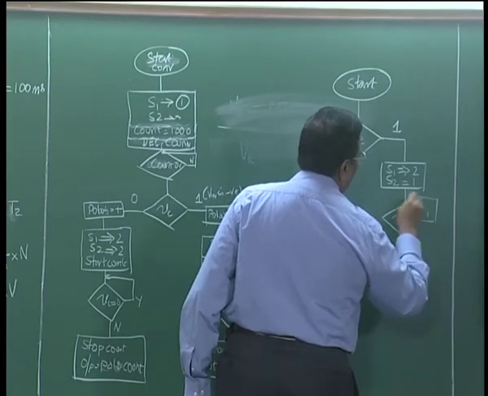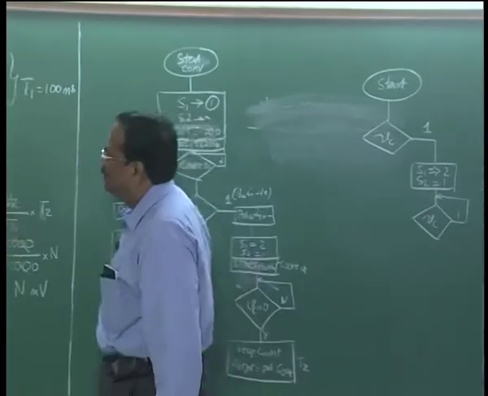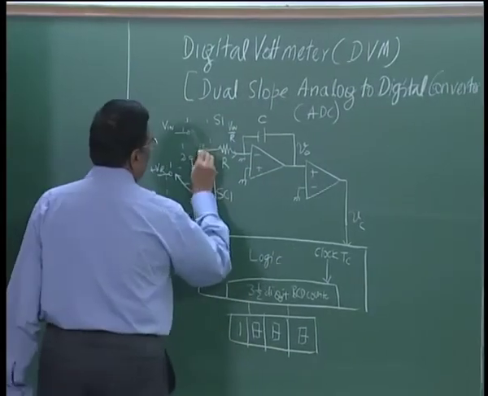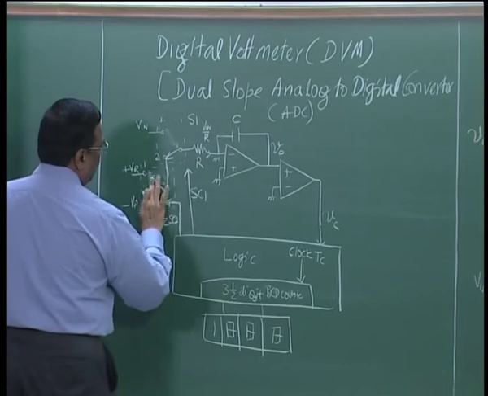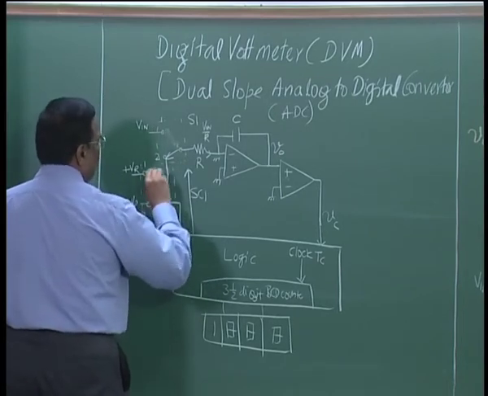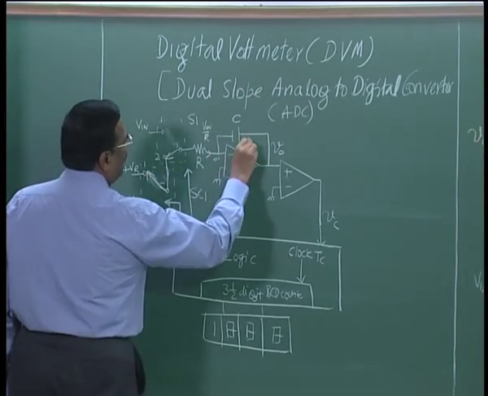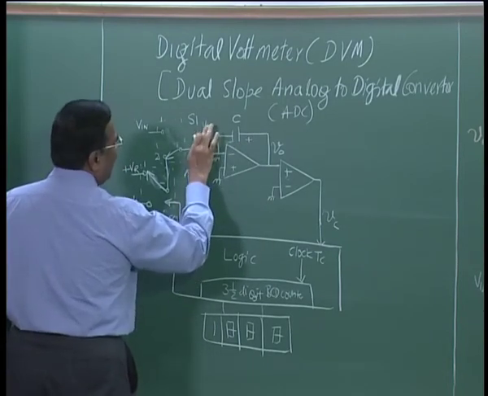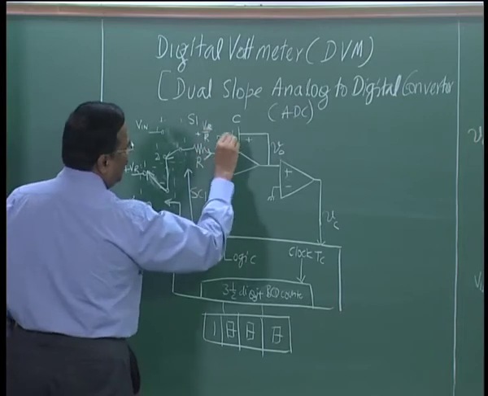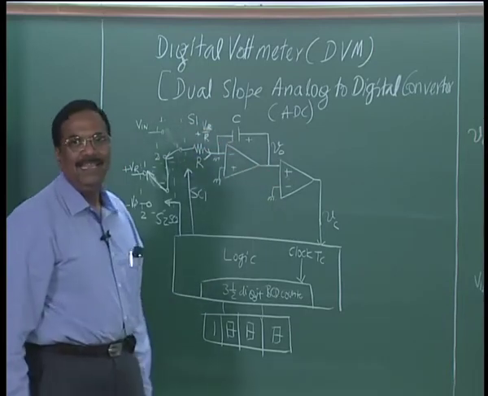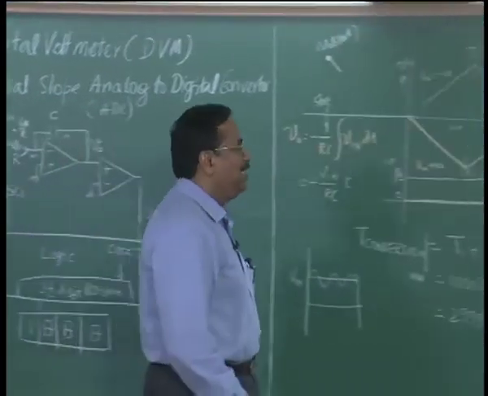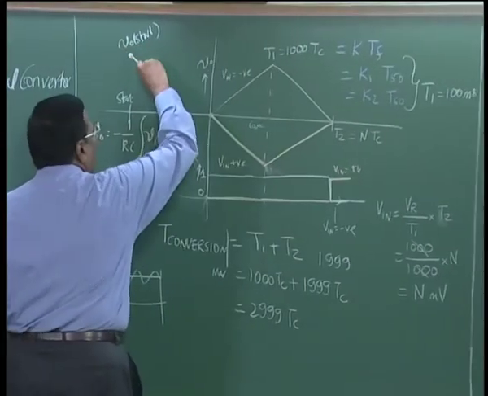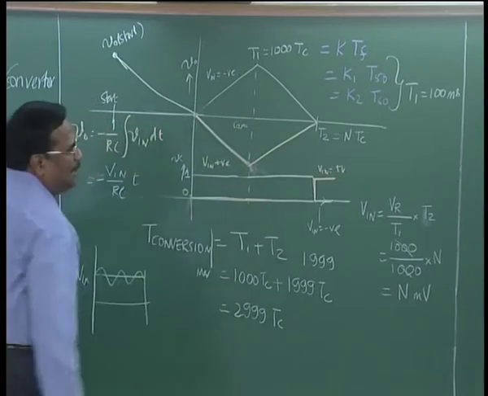If it is 1, I continue in this direction. So, with S1 in position 2 and S2 in position 1, the voltage is positive here, the current will be in this direction, plus VR by R, and the capacitor will be discharged. Capacitor voltage will start reducing.